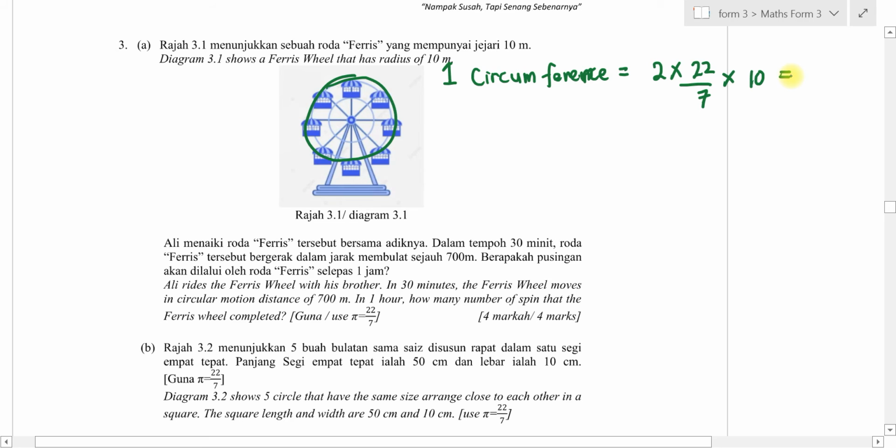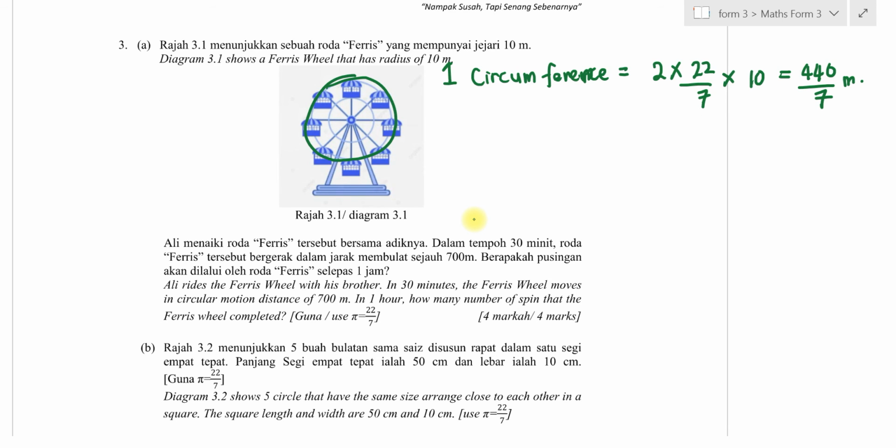So we will get how much? Okay, 440 over 7 meter. Kalau dia cakap 700 meter, how much spinning that he made?